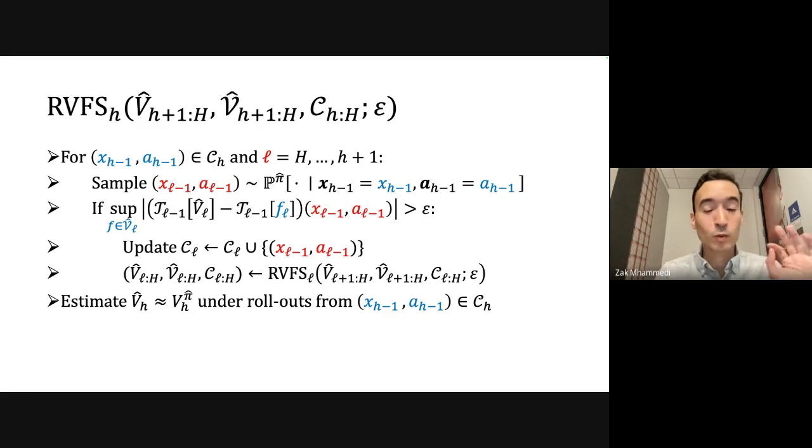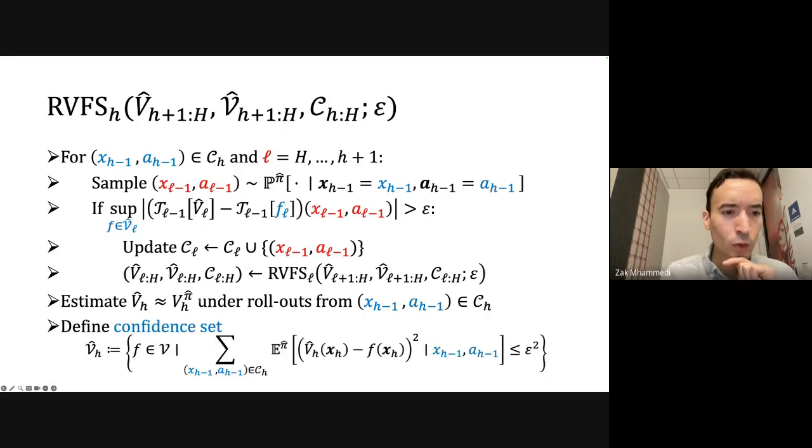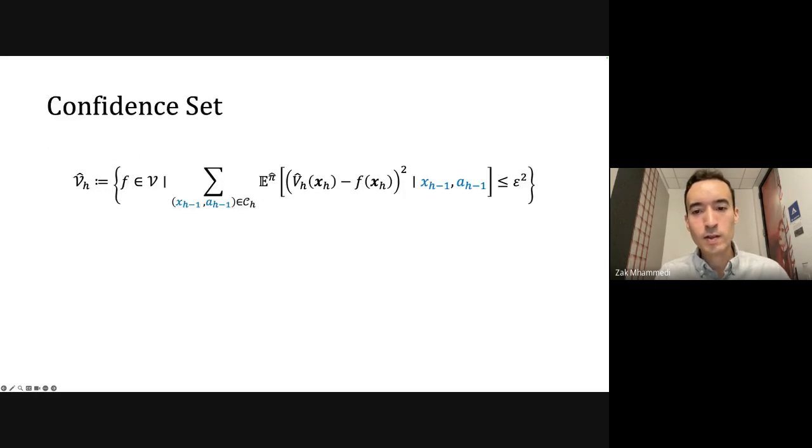Okay, we're almost there, there are only two lines before we finish this algorithm, so just hang on. Once you have this V hat, we get to the point where we can update the confidence set. The confidence set here is simply defined as the set of functions that are at a small distance from this estimated value function V hat.